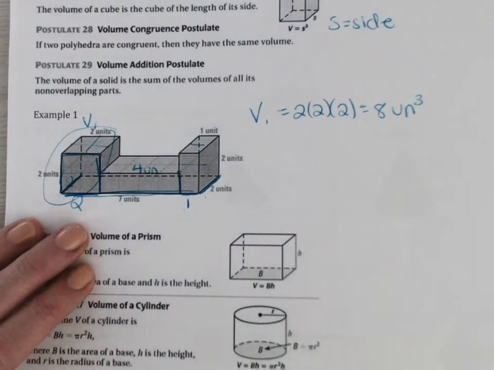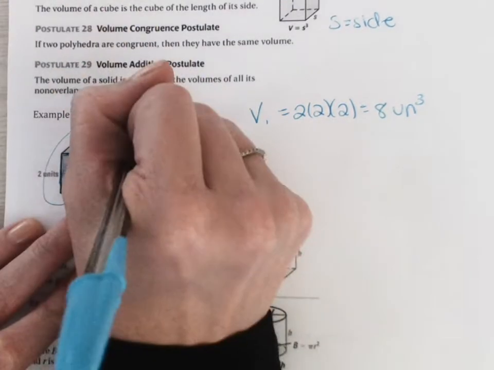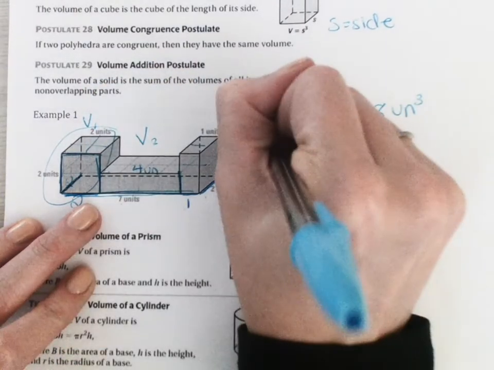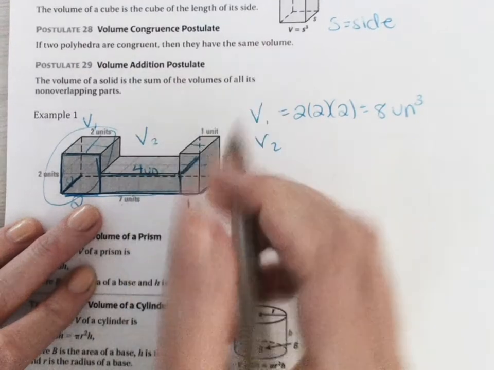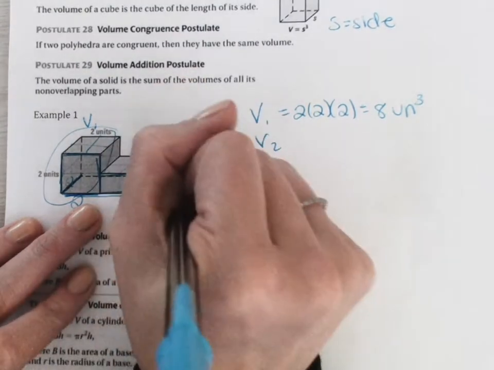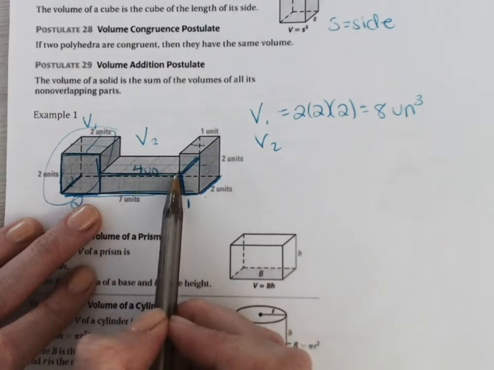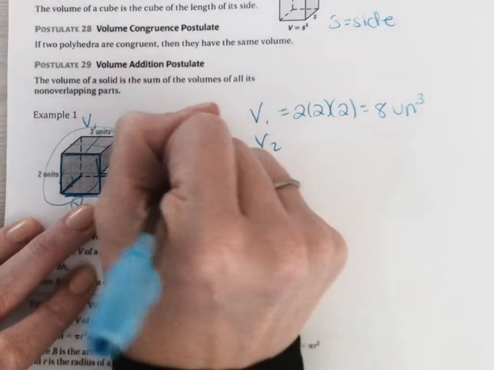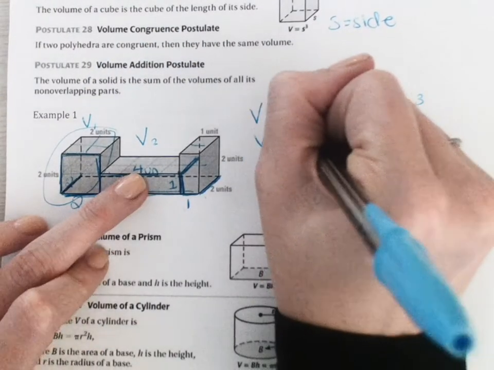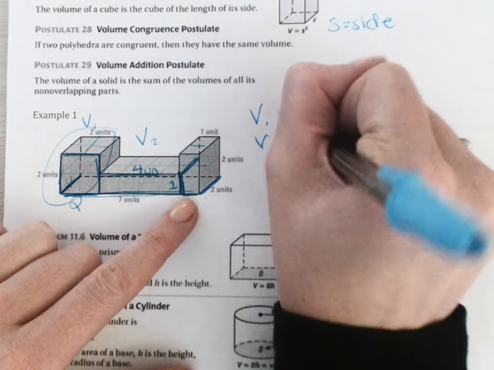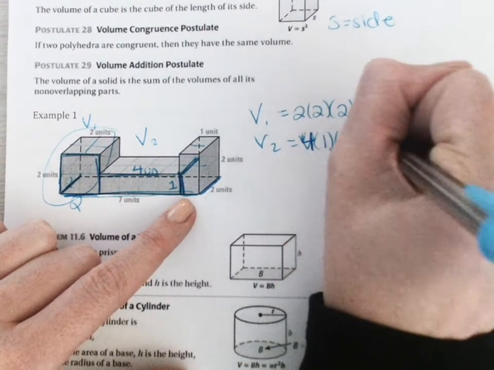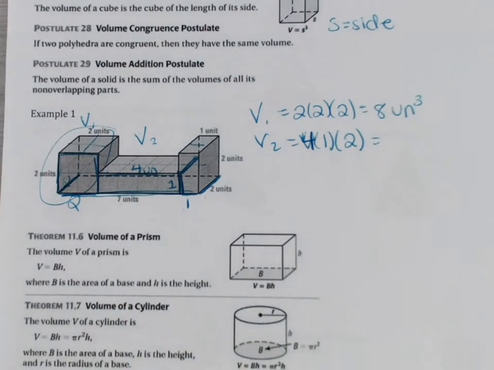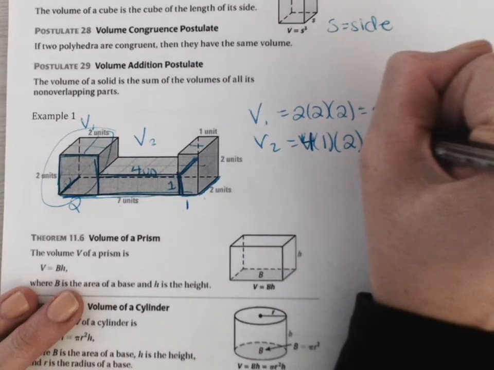Volume 2 is going to be this little section in the middle. So volume 2 is 4 by 2. It's still 2 going backwards, but the height of it is only going to be 1. So I have 4 times 1 times 2. 4 times 1 is 4, times 2 is 8.